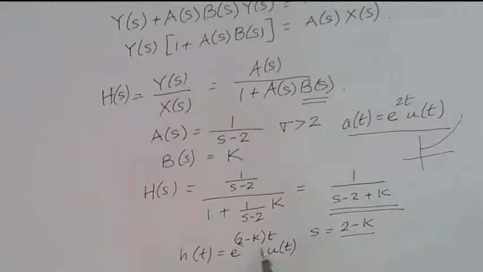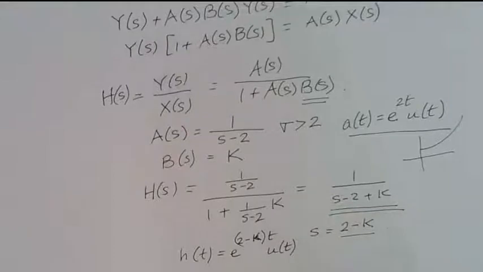Now I have a system like this, but I have some control over what k is. If I pick k to be greater than 2, then e to the 2 minus k will be some negative number, and I'll get a system that is now stable. And I can see that from here too.